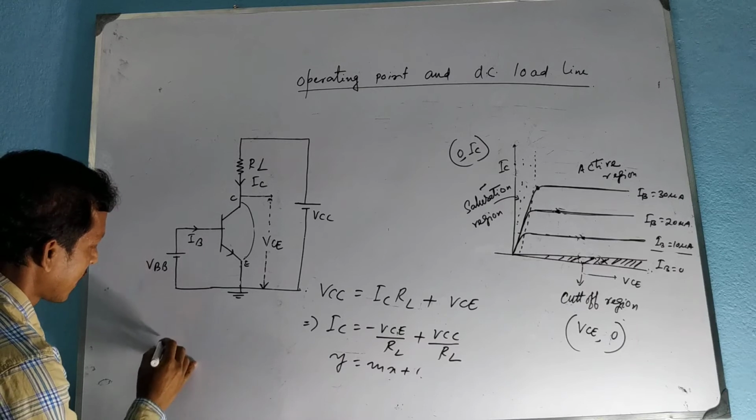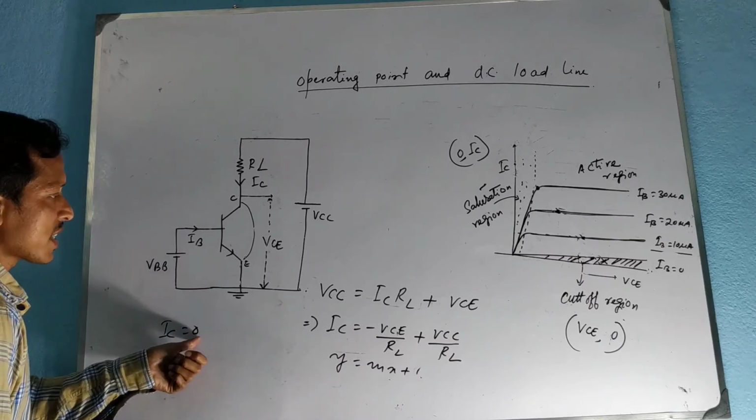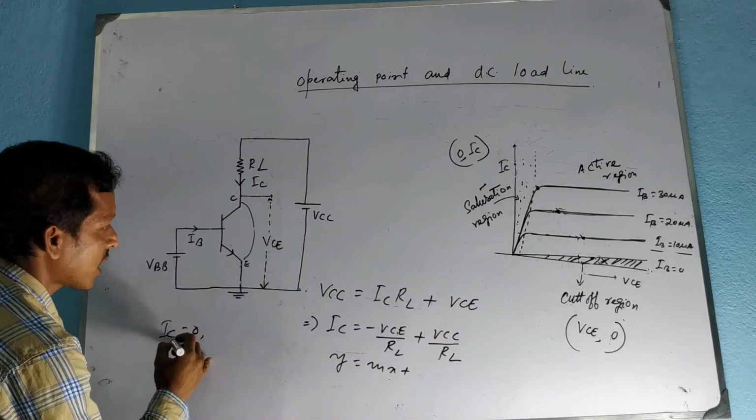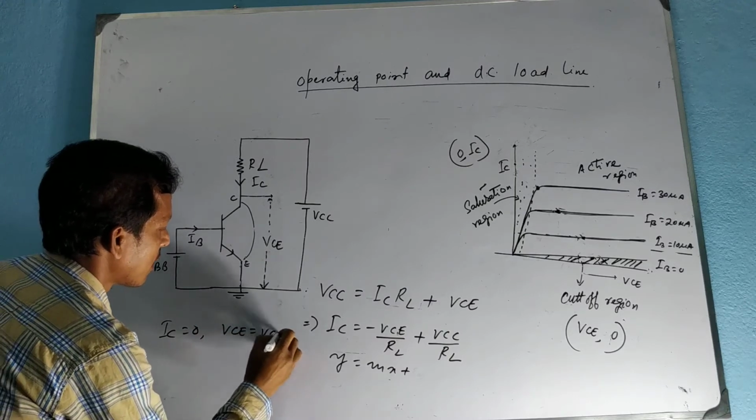If we take IC equal to 0, for IC equal to 0, VCE is equal to VCC.